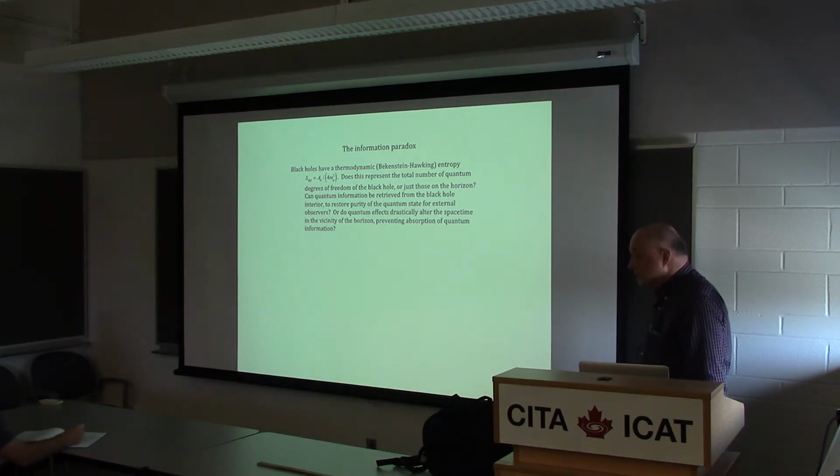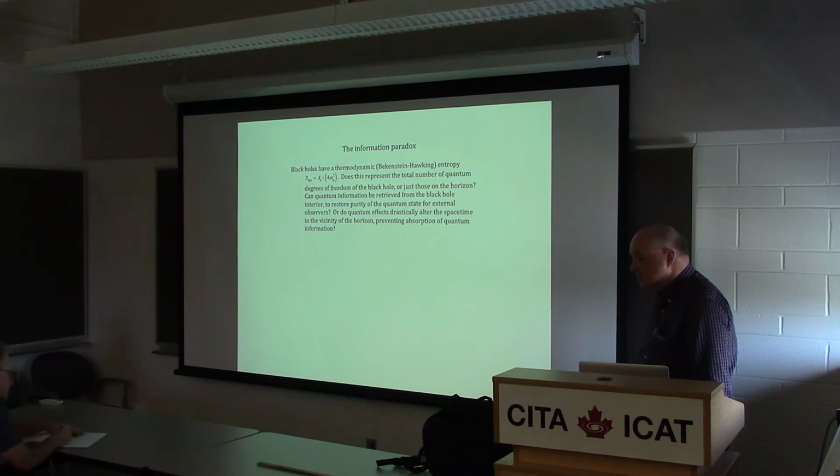Now, normally in quantum theory, one's used to thinking of the thermodynamic entropy as being related to the total number of degrees of freedom of the system, the thermodynamic system. In this case, the question is what are the thermodynamic degrees of freedom?